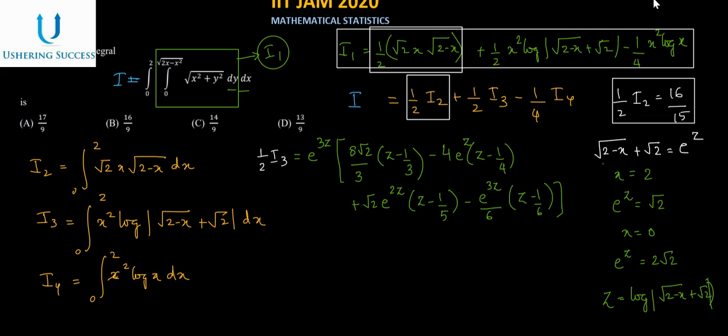So when x is 0, z becomes log 2 root 2, or z is equal to log of 2 to the power 3 by 2, or z is 3 by 2 log 2.